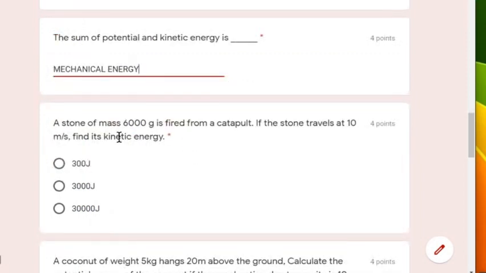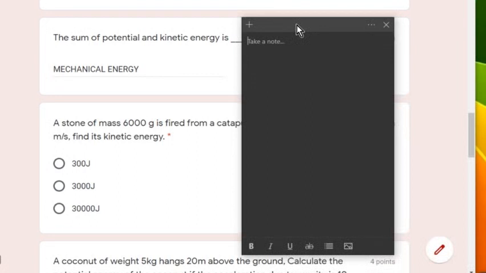A stone of mass 6,000 grams is fired from a catapult. If the stone travels at 10 meters per second, find its kinetic energy. Let's calculate this quickly.